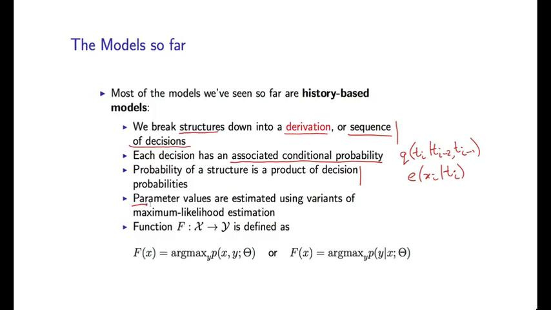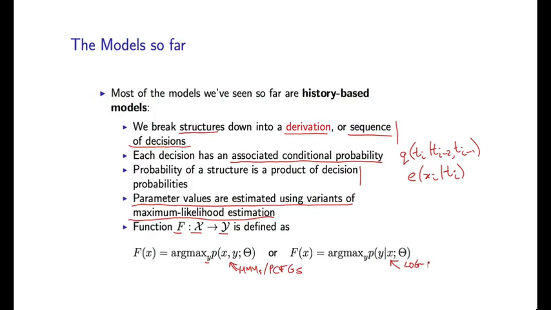We typically estimate the parameters using maximum likelihood estimation, with some form of smoothing or regularization. Finally, this function capital F, which maps input x to labels y, is defined as the label y that maximizes either the joint probability of x and y, think of HMMs or PCFGs as examples of this case, or the conditional probability of y given x.